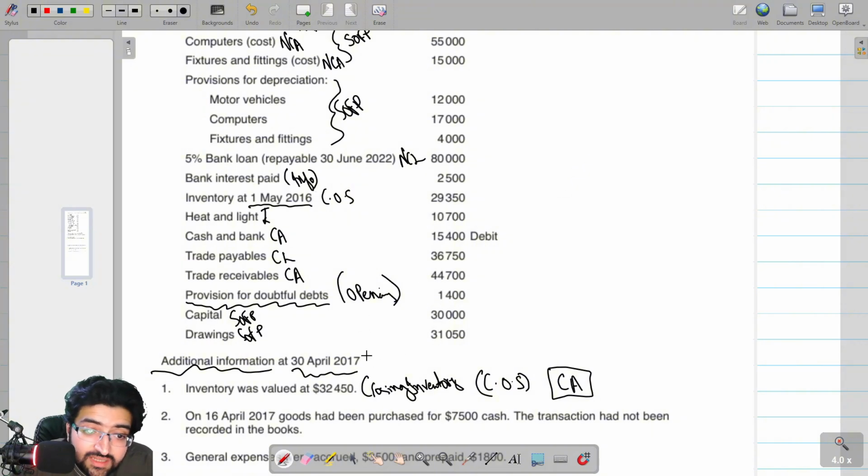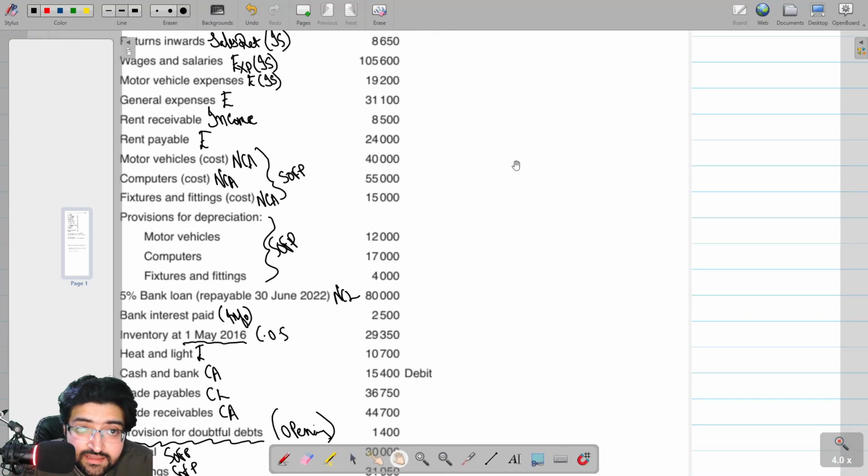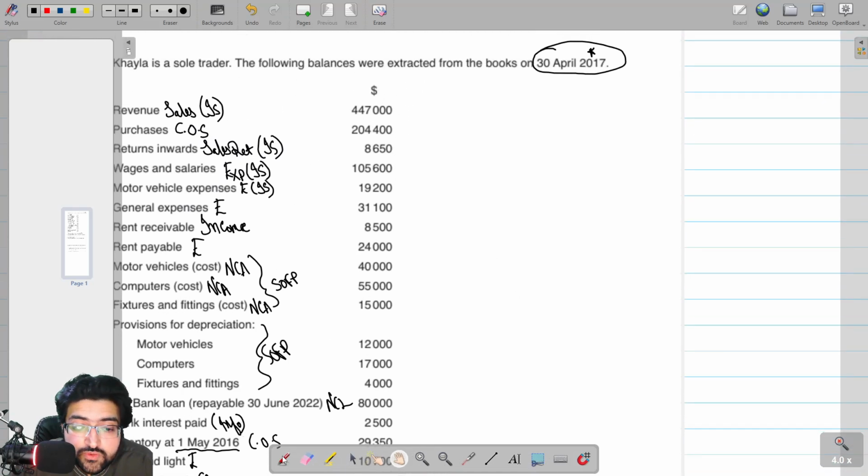Okay. Once I'm done marking all these things, the next thing I tell my students to do is make a rough column here for current assets. So you give the heading current assets and leave some space. Then leave some space and write current liabilities. Then expenses.